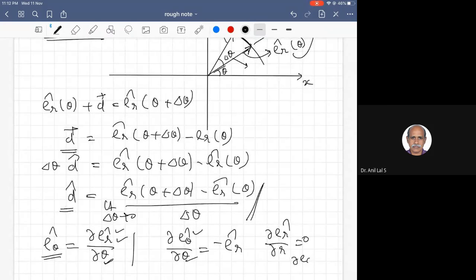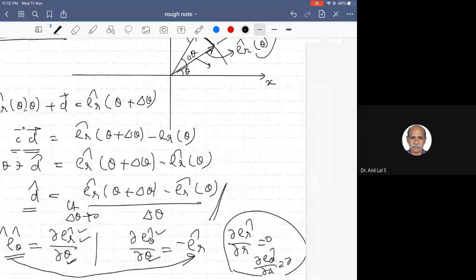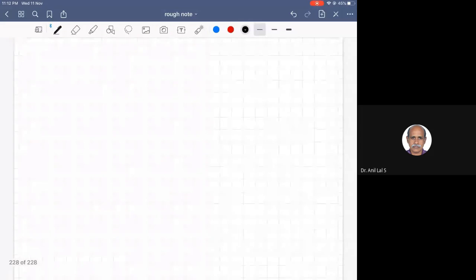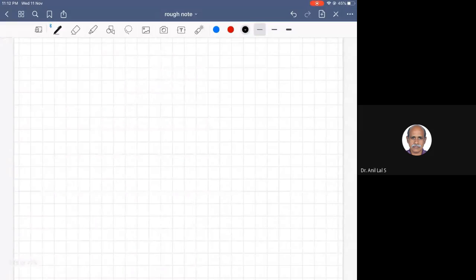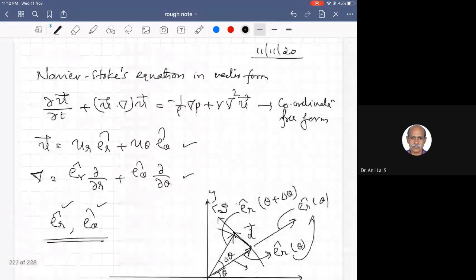Similarly, dou e theta by dou r is also equal to 0. So when you differentiate the unit vectors with respect to radius, there is no change, whereas when you differentiate partially with respect to theta, there are non-zero results. That makes some extra terms. So let us first try to expand this term and see.